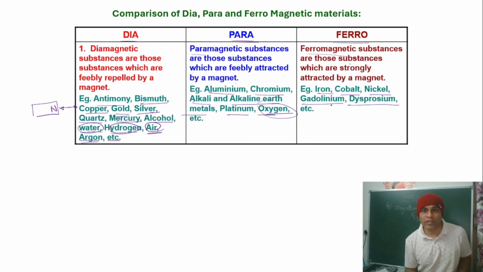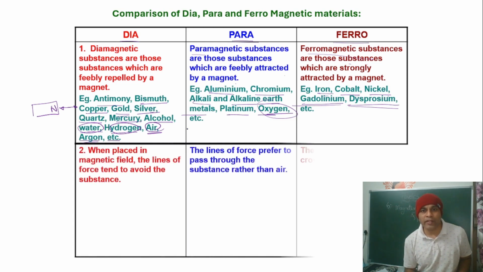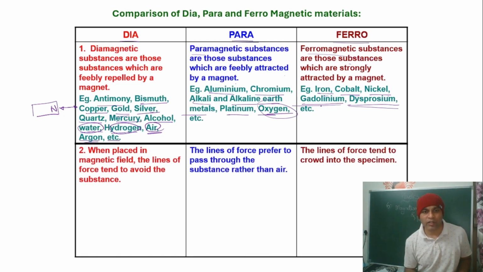I hadn't even heard of dysprosium; gadolinium I heard. These are ferromagnetic and show the magnetic behavior more strongly. Paramagnetic substances need to activate themselves and are short-term magnetic, but ferromagnetic ones are strongly attracted.